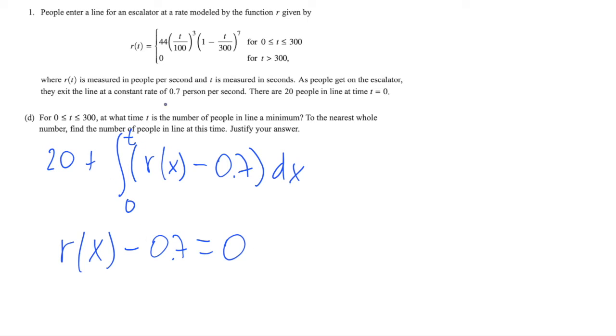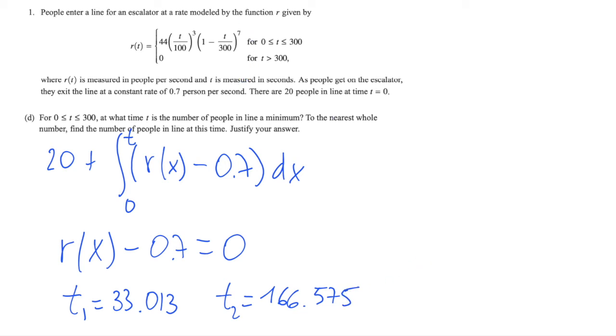So if you introduce this formula in the calculator, minus 0.7, and you use the solver tool of the calculator, you will see that the times that you get are t1 equals 33.013 seconds, and the time 2 is 166.575 seconds. You will get these two.